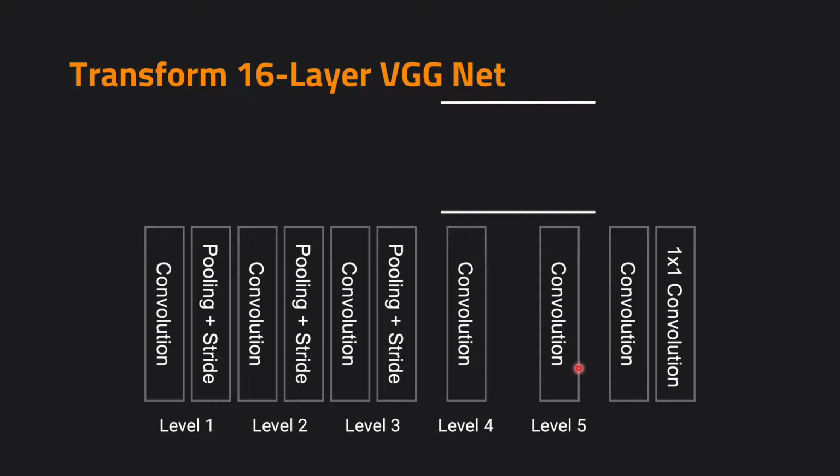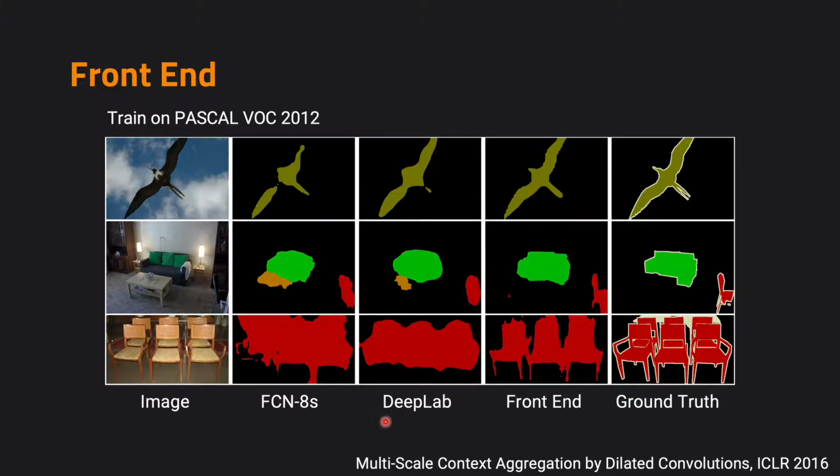And we can call this a front-end network. So again, instead of doing upsampling and merging the layers from different levels, we can remove part of the operation and insert dilated convolution, so that we just preserve the output resolution of level 3. And we can see the immediate results.